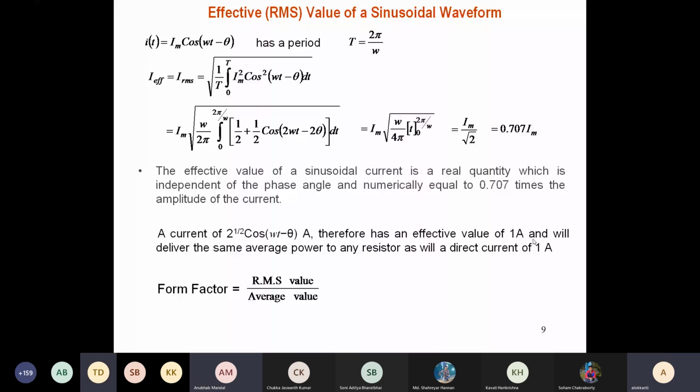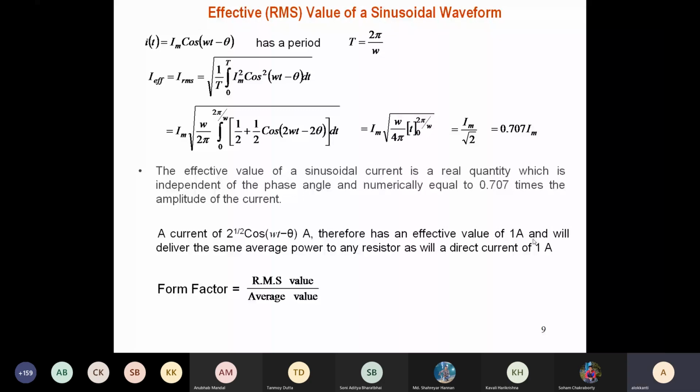Sir, what is the use of this form factor? As I told, there are many factors in electrical engineering. This factor we will see, I think it will come in your curriculum when we teach transformers. It is just for the sake of a definition. For a particular waveform, if it is a sinusoidal waveform, it has a particular form factor.